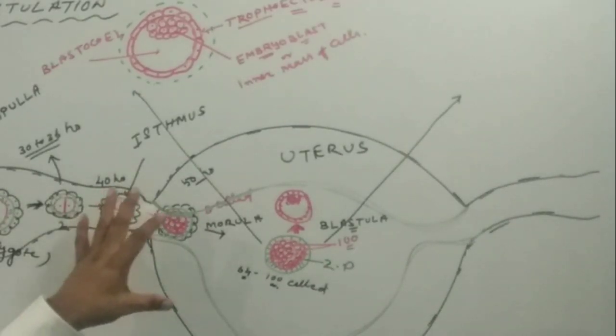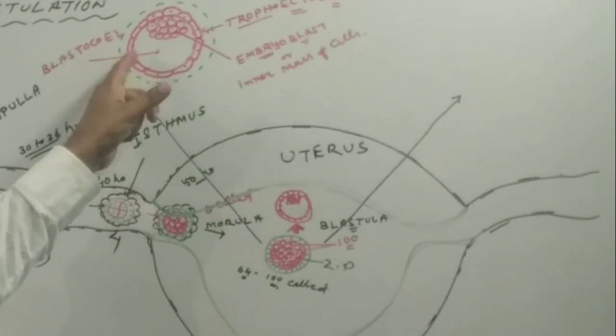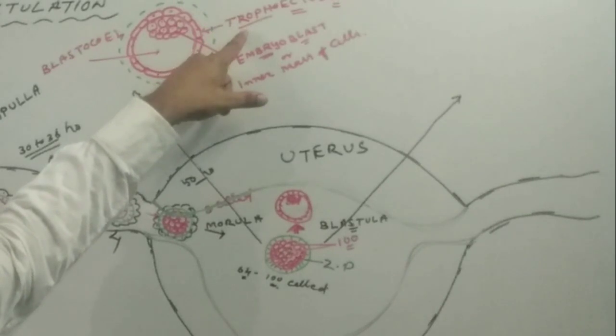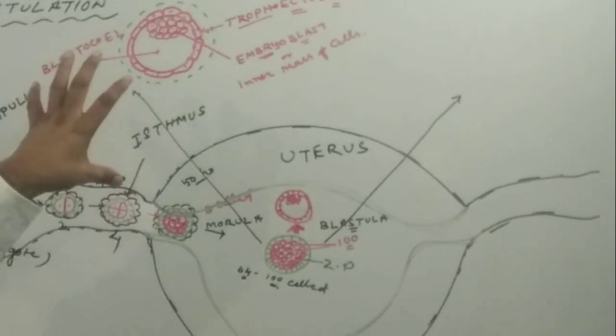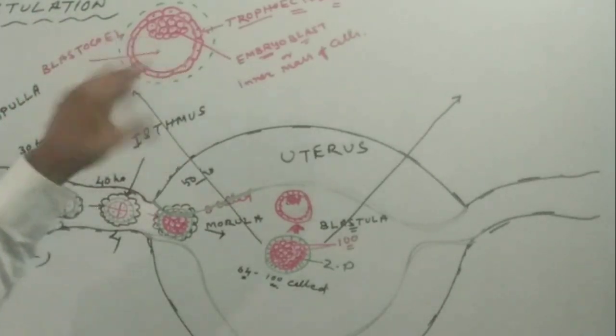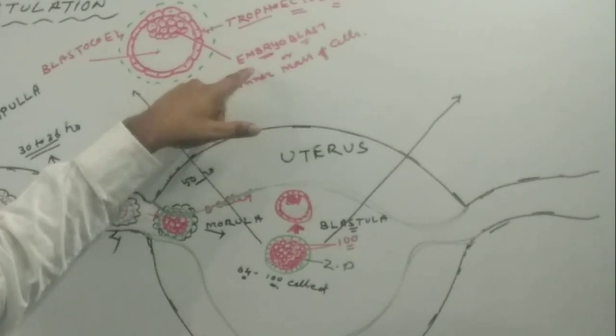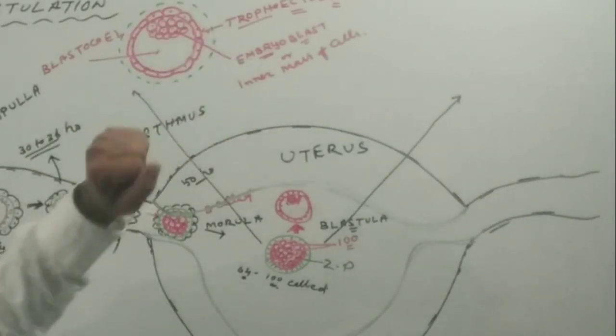So within 3 days, what happened here? The blastomeres of the morula arranged into two layers. The outer one is the trophoectoderm, which forms the protective layer and provides protection to the developing embryo, and the inner mass of cells, otherwise known as the embryoblast, forms the actual embryo.